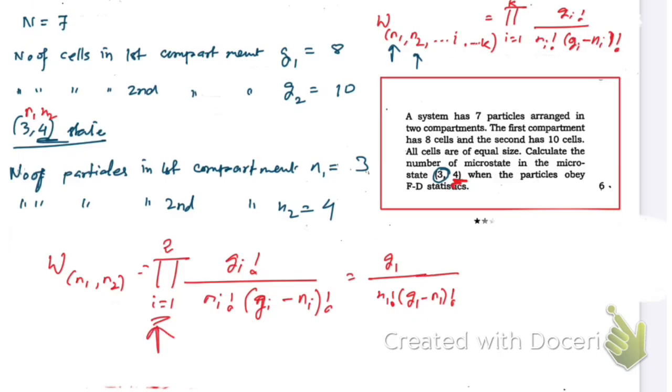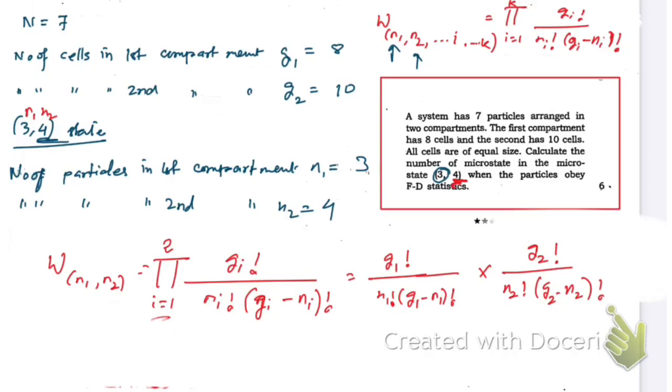Then for i equal to 2, G2 factorial by N2 factorial into (G2 minus N2) whole factorial. I forgot to write the factorial. Now let's put the values here.